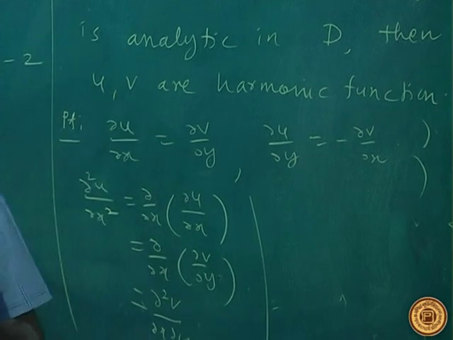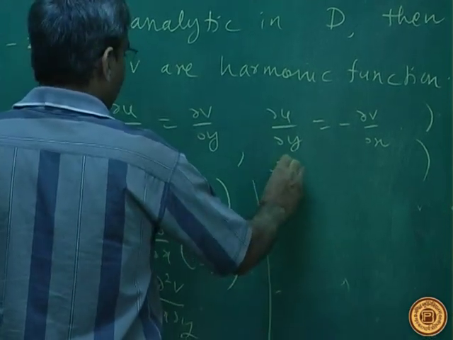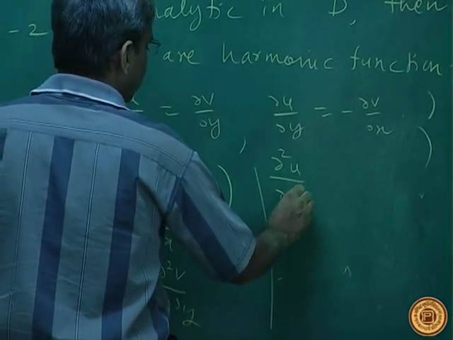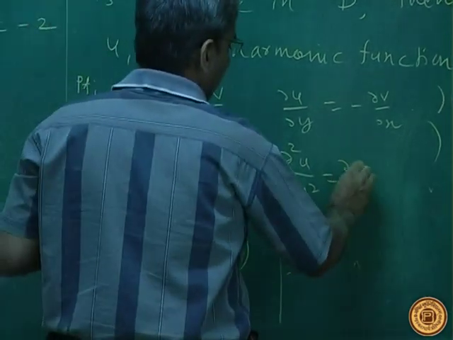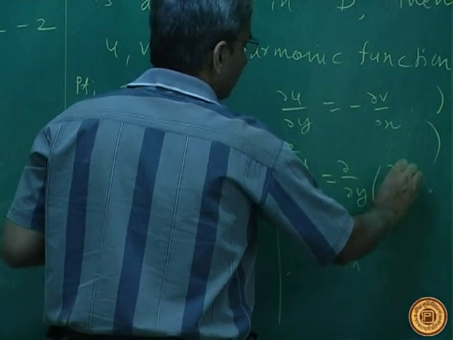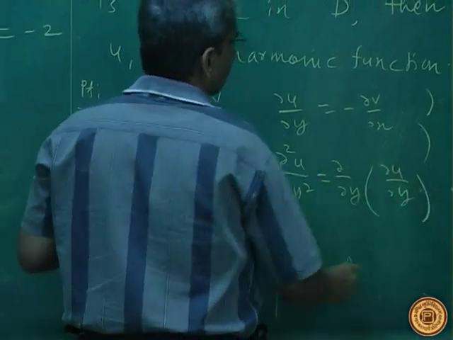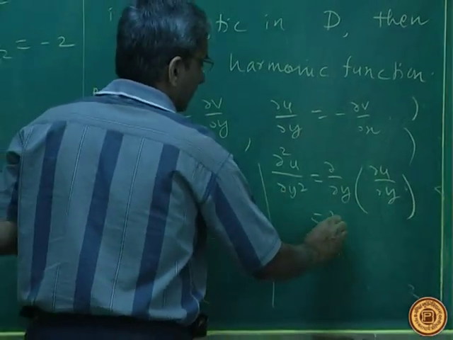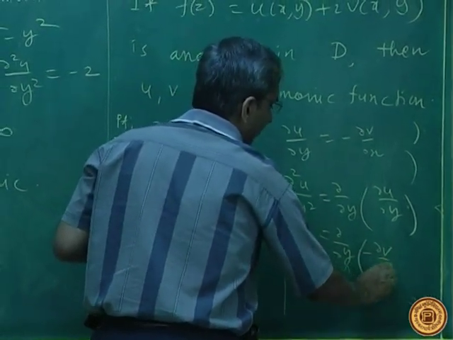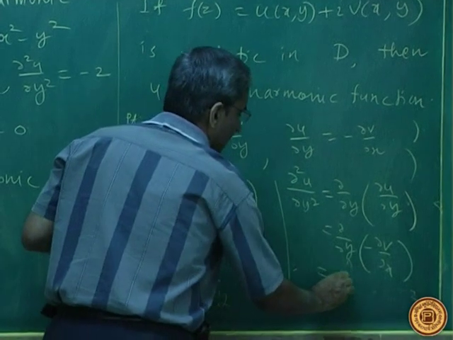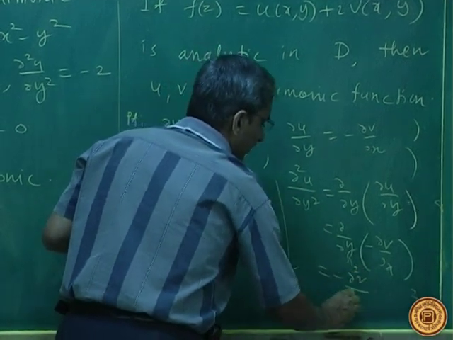Okay. Now d2u by dy square is d/dy of du/dy. But now I use this, that is d/dy of minus dv/dx. So this is minus d2v by dy dx.